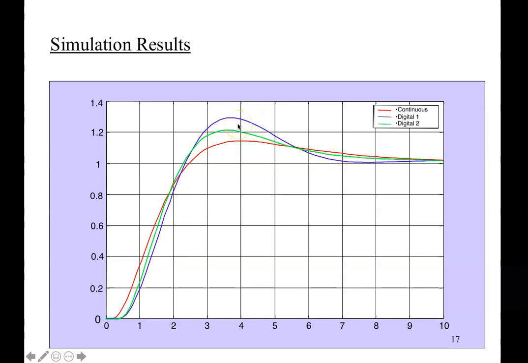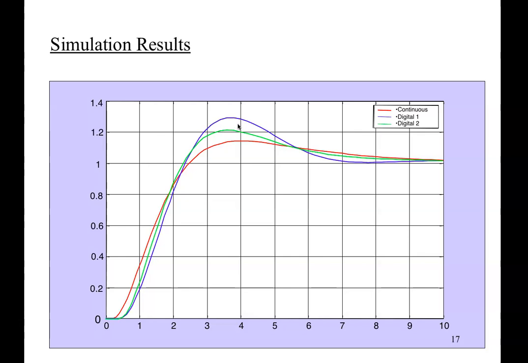Now, in any case, digital controllers are not really doing anything better in terms of theoretical performance than the continuous time controller. That is not why we are using digital controllers. We don't expect a digital controller to perform or behave better than the continuous time one.